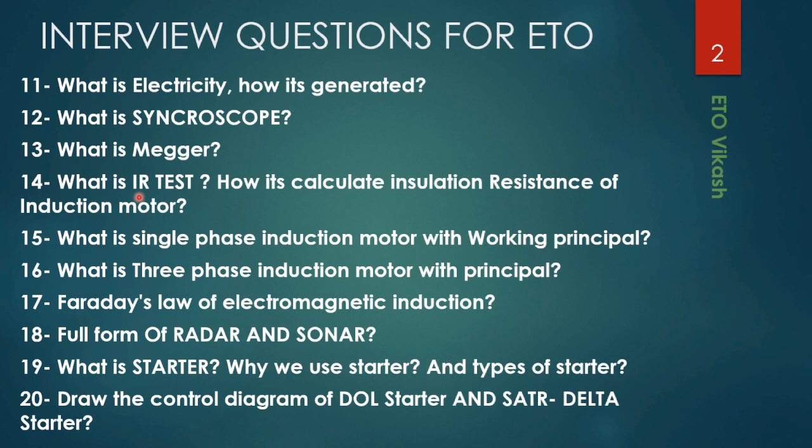When we do phase to earth, one lead is connected at the phase of the motor, and one is connected to the motor body, and we apply 500 volts. By this, a certain resistance value should come for a good motor. For 1000 volts, the resistance value should be more than 1 megaohm.